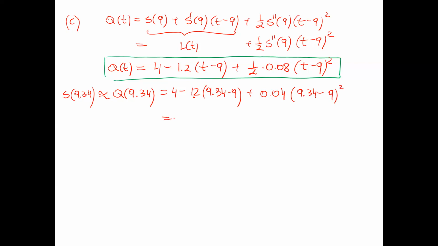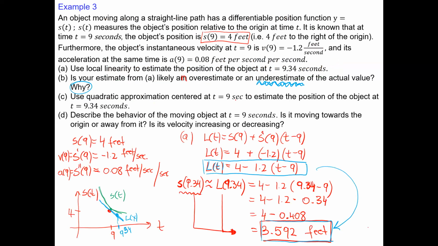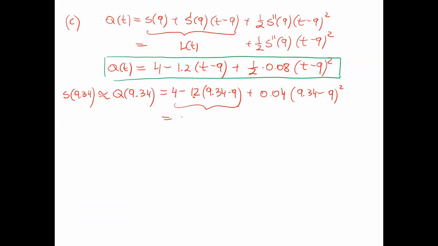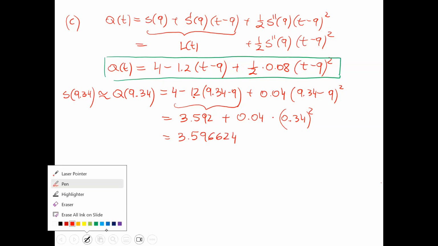And we actually know that part because it's the linearization, 3.592. Then this one, 0.04 times 0.34 squared. I did use the calculator and I got 3.596624.